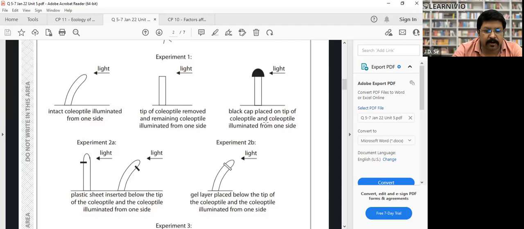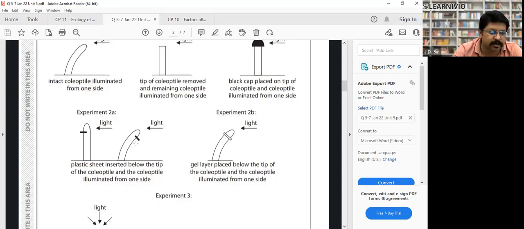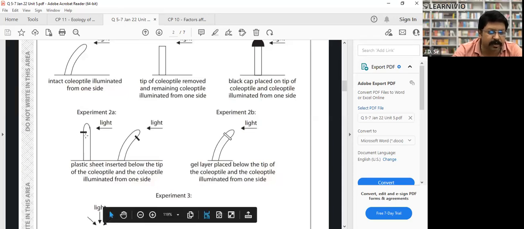Okay. Then an agar block is placed here, you place the agar block externally. Then you put the light, but it is not responding because auxin is not present there. Then you take the complete coleoptile, but you put a plastic or some sheet over here, right?